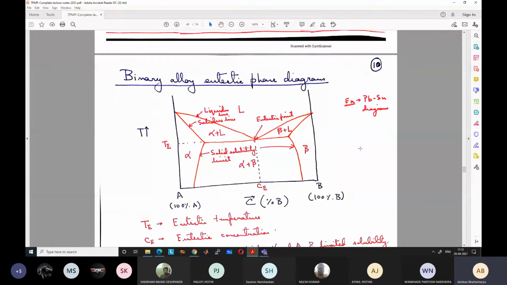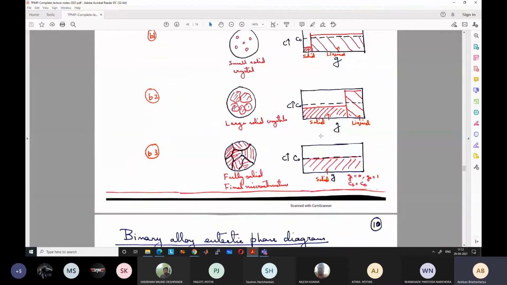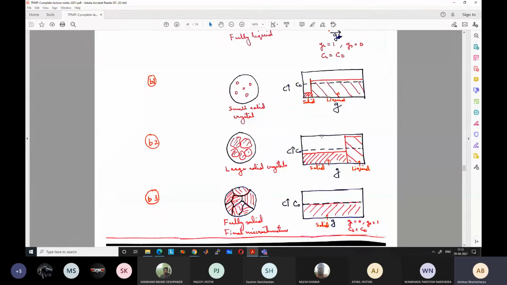Okay. So initial concentration of the solid was very less, Kp into C0. Then the concentration in the solid increased, and after final solidification, full solidification, the concentration of the solid increased to C0. Okay. So this increase in solid concentration can happen over the entire solid domain only if the diffusion is infinitely fast or there is sufficient, infinite time for diffusion.